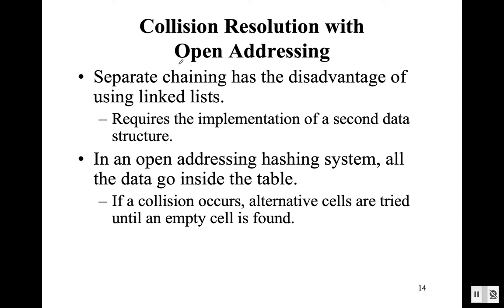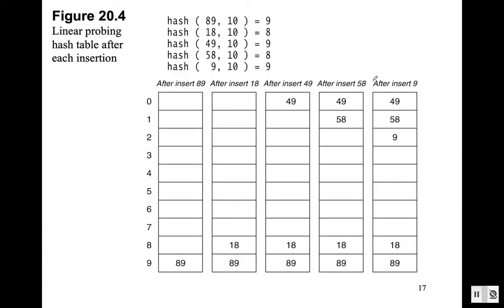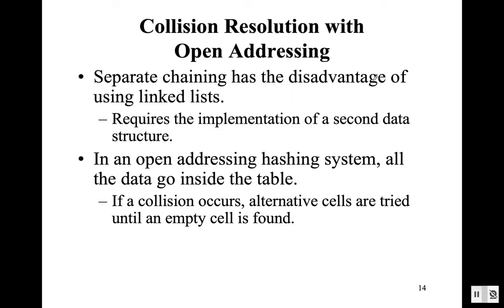One other method is open addressing. In open addressing we have two methods: linear probing and quadratic probing. In these two methods we are not going to use an additional data structure; we are going to do the collision resolution using the same hash table.